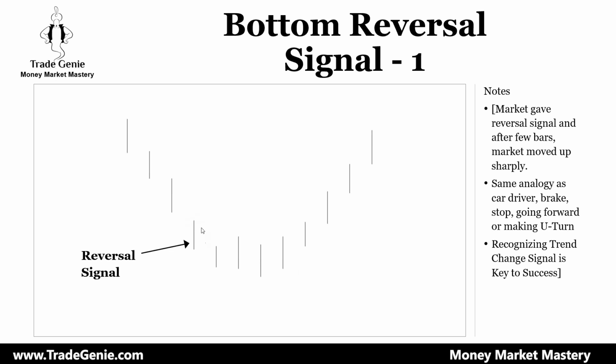So this reversal signal comes here, whether you were in the short trade or not. Put it on your watch list, and then you need some kind of a confirmation that tells us that this reversal came at the correct point, and these new lows were just fooling us.